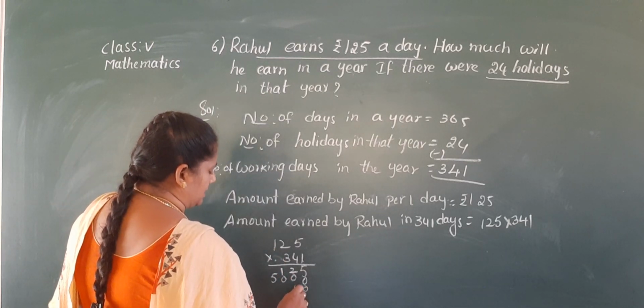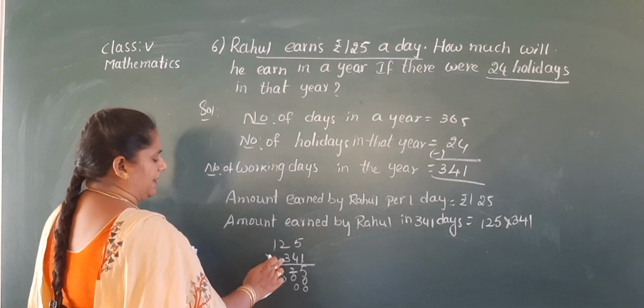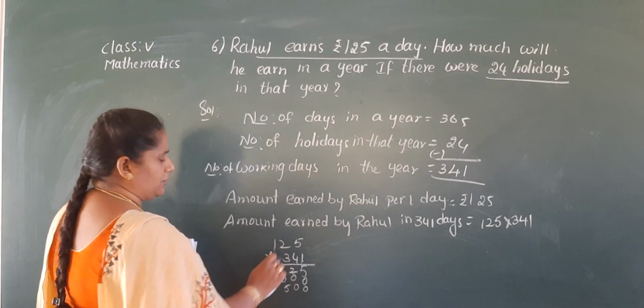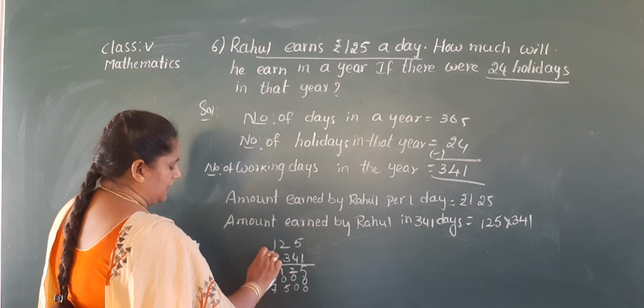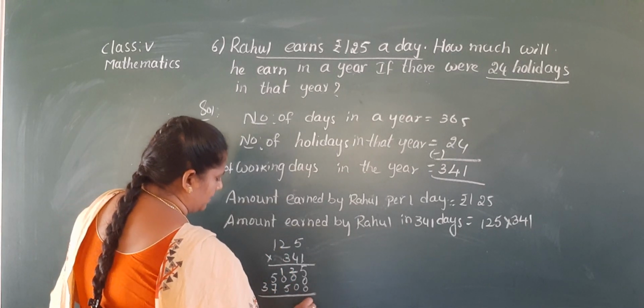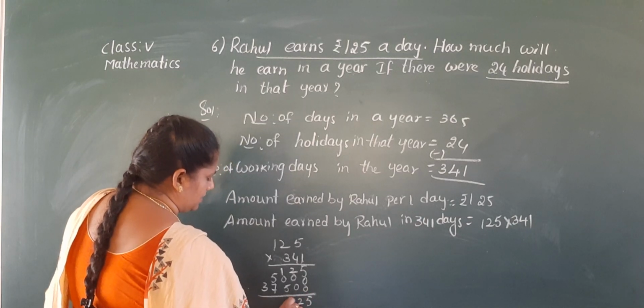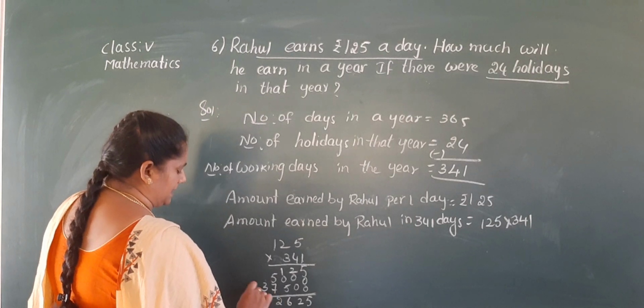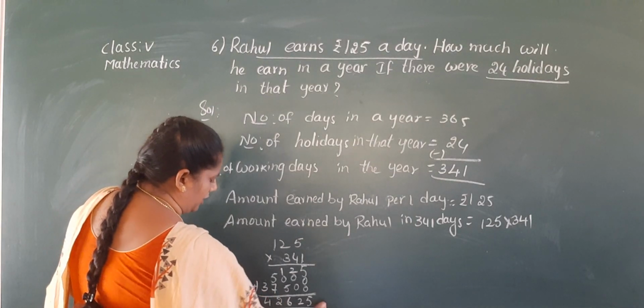Keep zeros in the ones and tens place and multiply by hundreds. 3 5s are 15. 1 in hand, 5 is down. 3 2s are 6 plus 1, 7. 3 1s are 3. 5, 2, 6, 5 plus 7, 12. 1 in hand, 2 is down. 1 plus 3, 4.